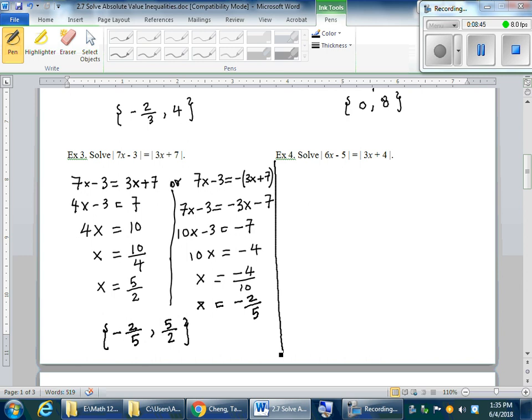As usual, I'm going to treat the right hand side as a number and apply the definitions on the left hand side, so it will be 6x minus 5 is equal to the original number 3x plus 4, or 6x minus 5 is equal to the negative of the original number.